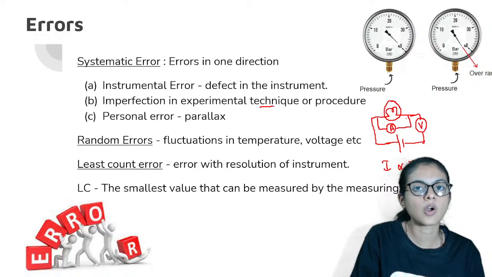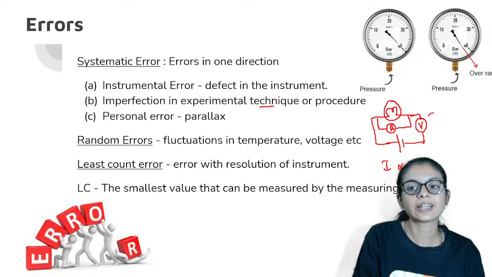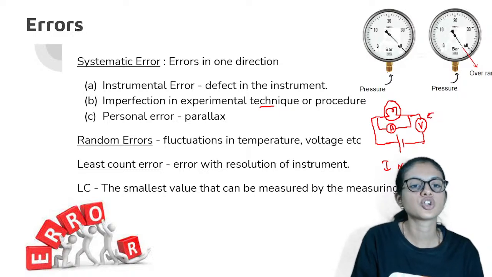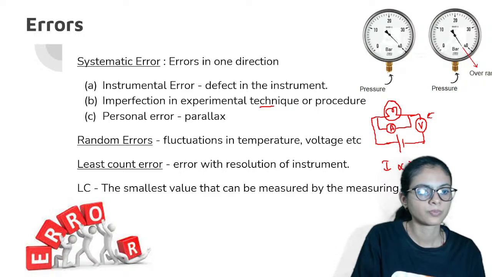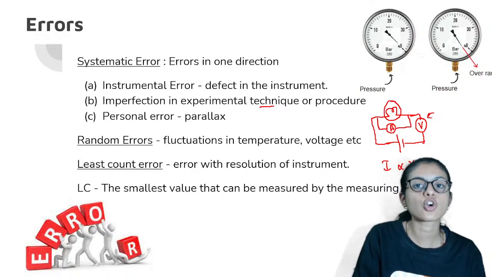I am using the wrong technique, the method I'm following is not right. Such errors are called imperfection in experimental technique or procedure. Clear?